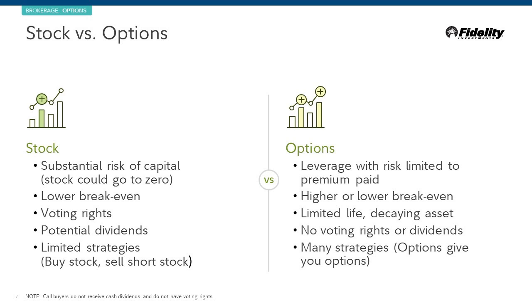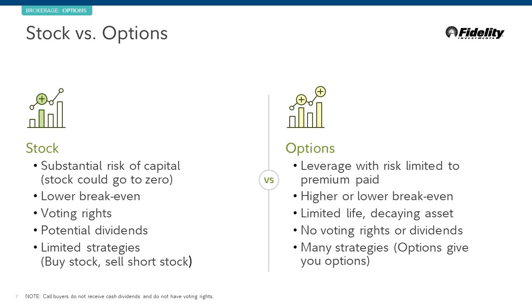You could sell stock short, which is that inverse, bearish position, or you could not have a stock position at all. There's not really much more beyond that. With options, you have so many more choices because it expands upon that to many, many different levels.